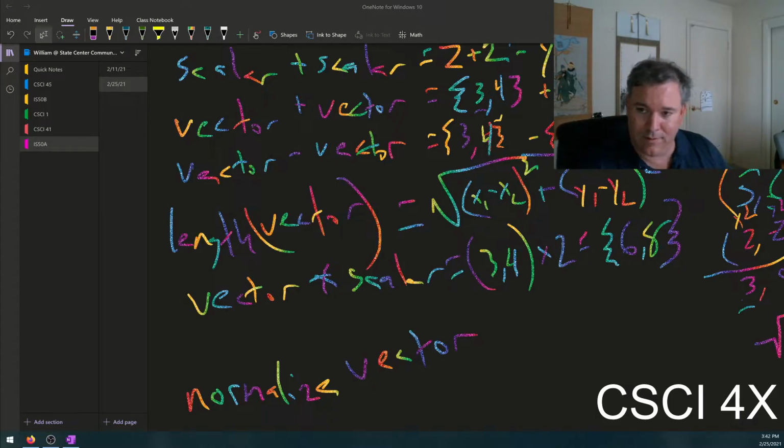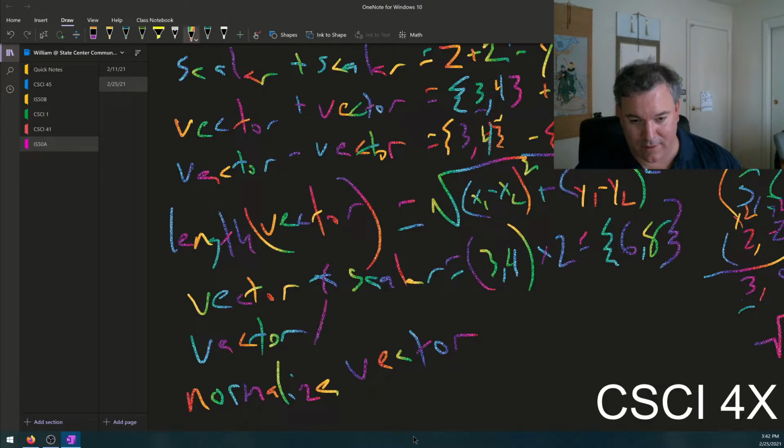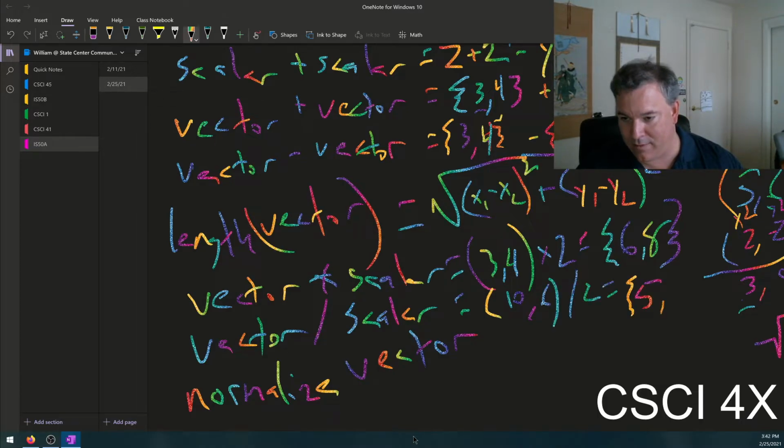Can you guess how the process works? Same for division. So a vector divided by a scalar. If you have 10, 6, you divide it by 2, you end up getting 5, 1.